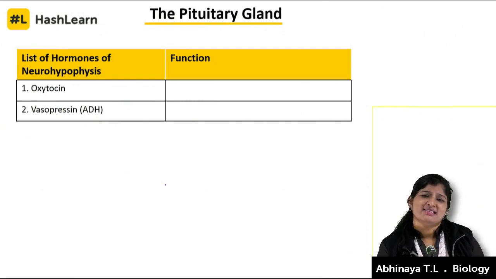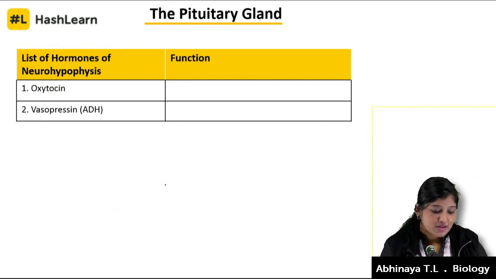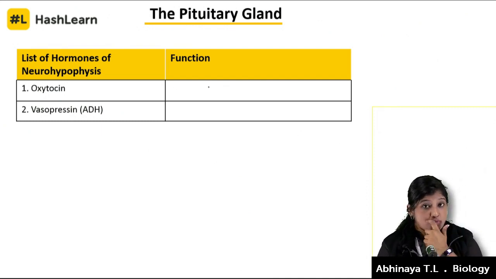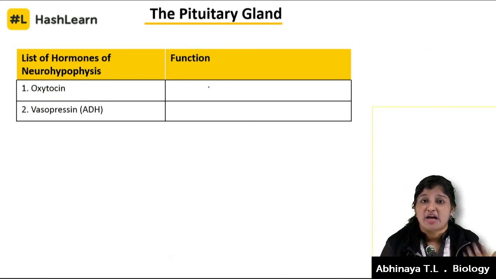So what is the list of hormones produced by the neurohypophysis, which is also called pars nervosa, the posterior part of the pituitary gland? Oxytocin. Oxytocin is the prime hormone, okay, which should be at an accurate level within women. When women conceive and become pregnant, there is childbirth.